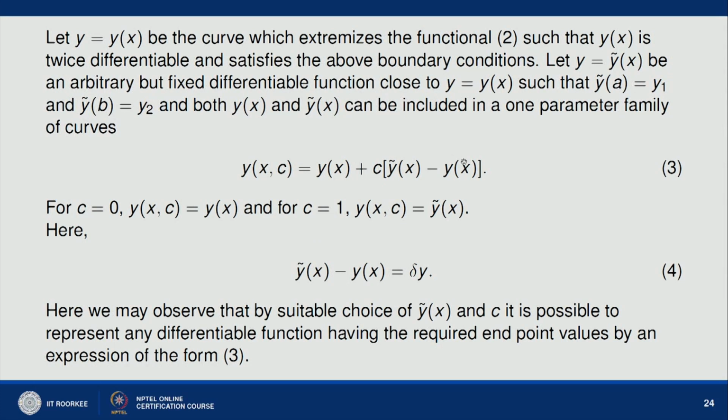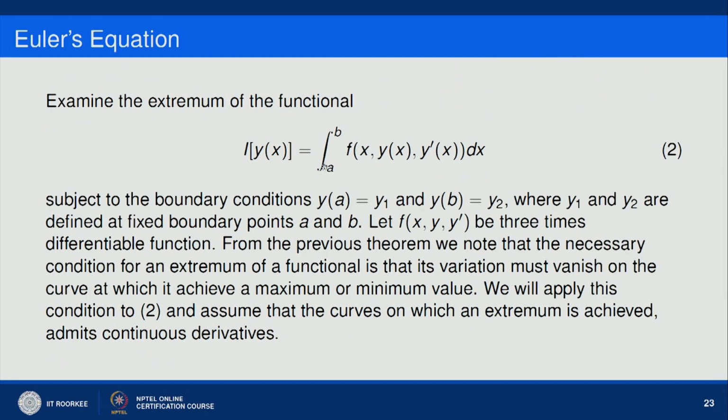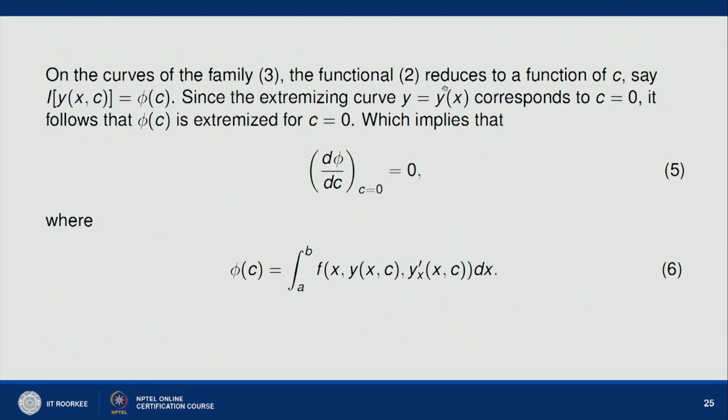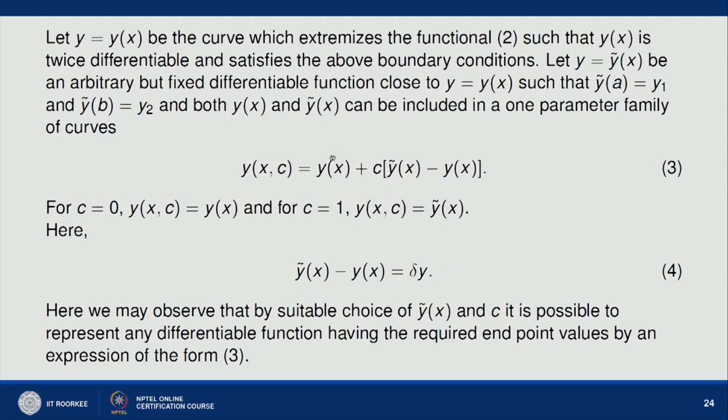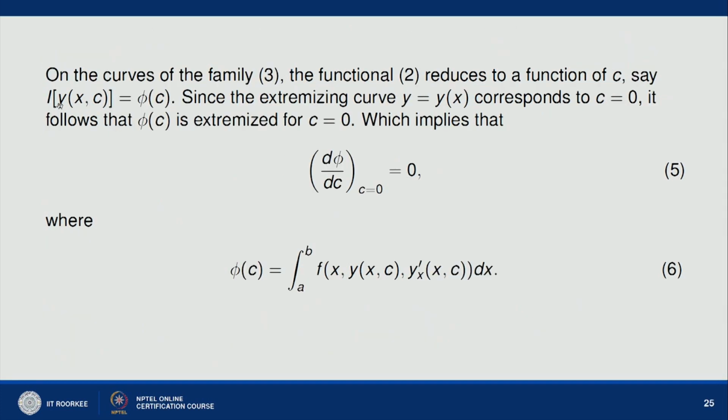And we already know that the extremizing curve y equal to y(x) corresponds to c equal to 0. If we take c equal to 0, then y(x, c) is y(x), which is an extremum function for the functional. So the functional at c equal to 0 will give an extreme value for I of y(x, c).